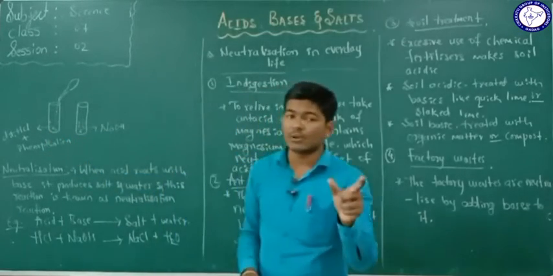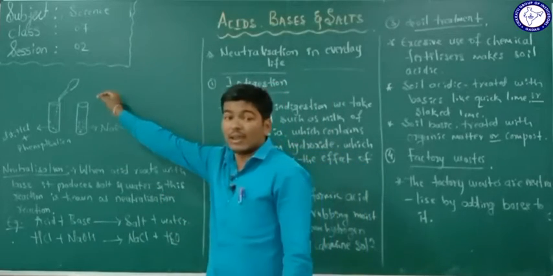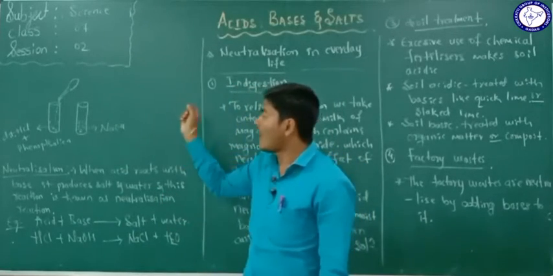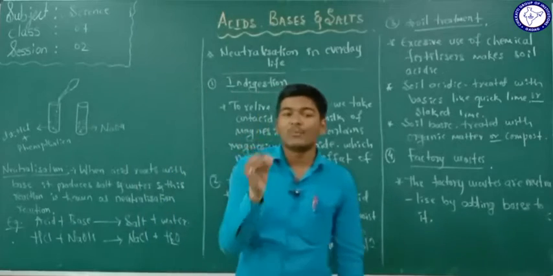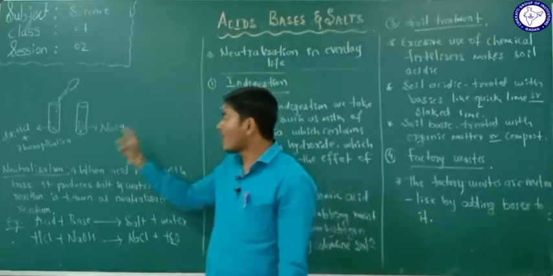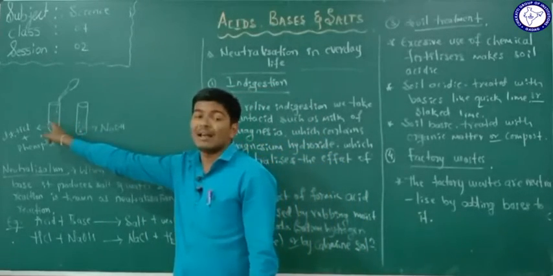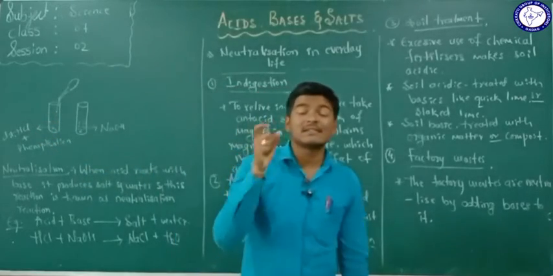Now you have to take a dropper and first add about 4 to 5 drops of phenolphthalein indicator to the test tube which contains dilute HCl.